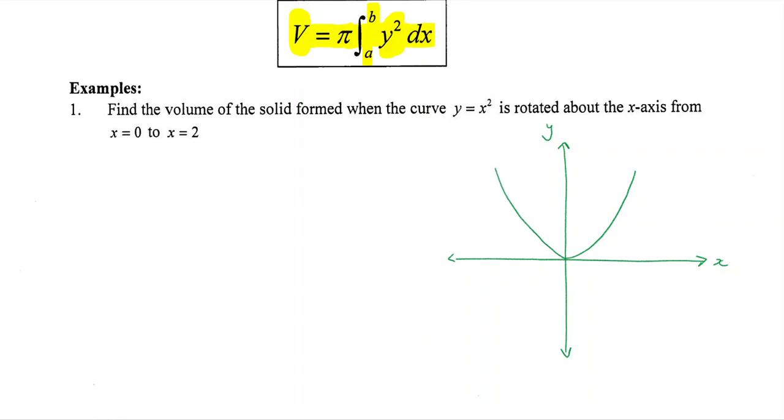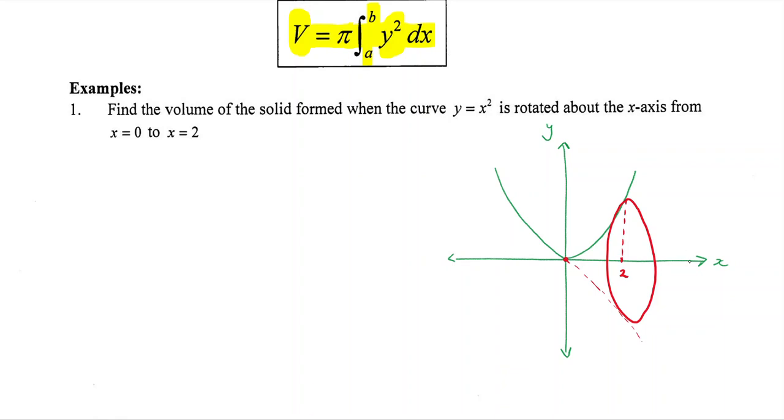Now, if we want to take the section from x equals 0, which would be here at the origin, to x equals 2, so let's say x equals 2 is here, to rotate that around the axis, we're going to draw circles coming all the way down like this, because the curve could get rotated around and we would be making, not really a cone because the sides are sloping, but kind of that kind of shape around there.